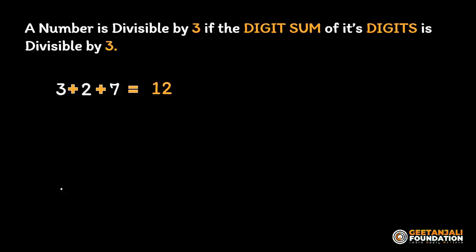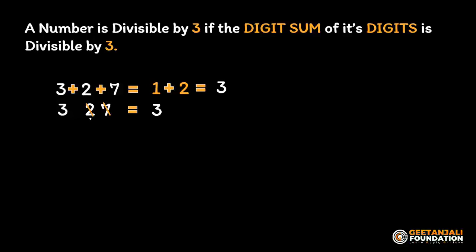We can repeat the process. 1 plus 2 is equal to 3. Or by the other method which I explained, 2 plus 7 is becoming 9, so we can drop it here only and our digit sum is 3. Any one of these two methods you can follow to find the digit sum of any number. So now the digit sum of the number 327 is 3.